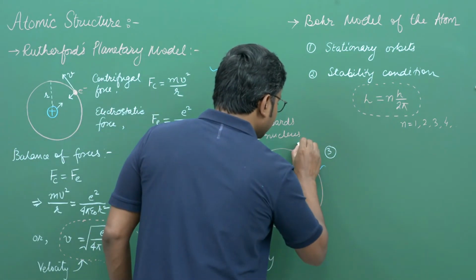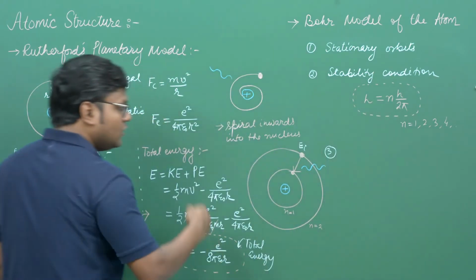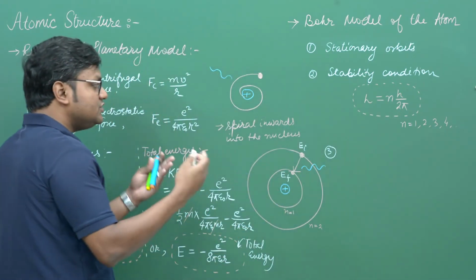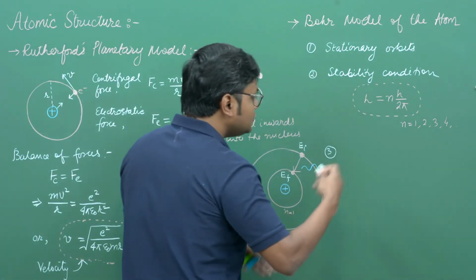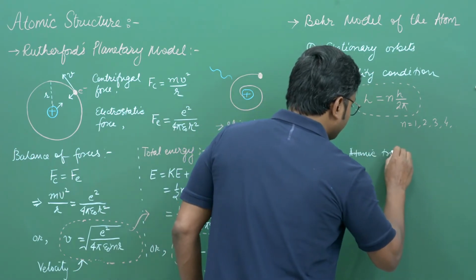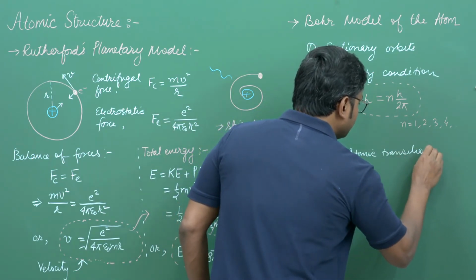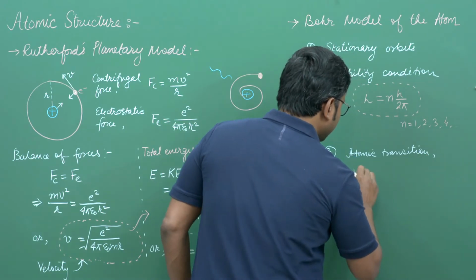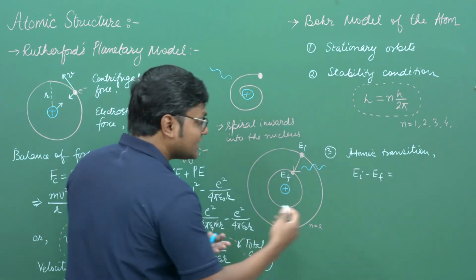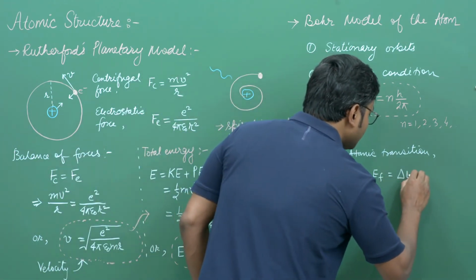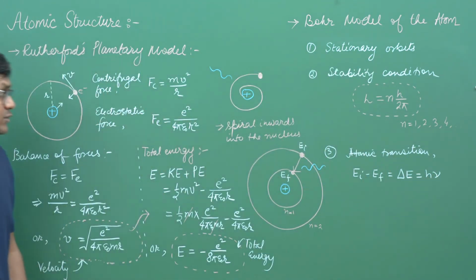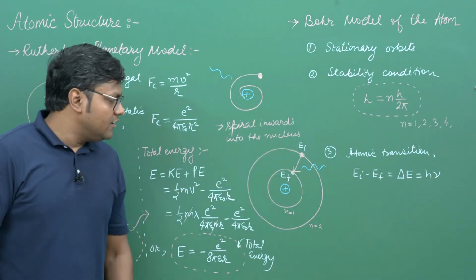Let's suppose this is the initial energy of the configuration and this is the final energy. So if an electron jumps from a higher state to a lower state, an atomic transition, then the difference in the energy between the higher and the lower state is emitted in the process, corresponding to some specific wavelength or frequency.